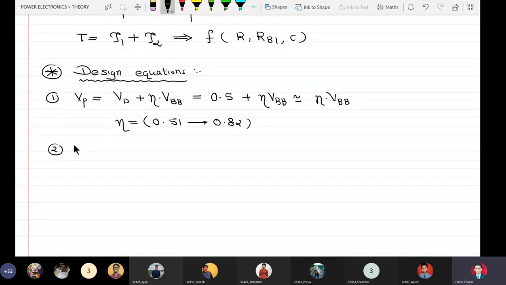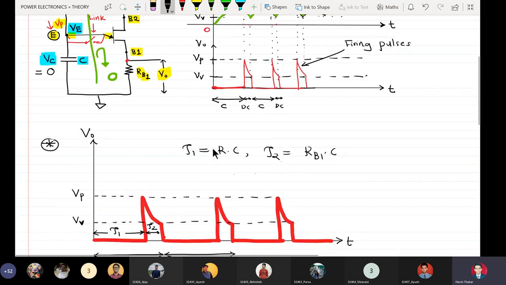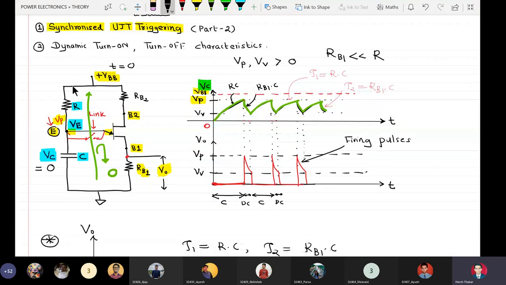The second design equation is the emitter voltage VE equal to VBB minus I into R, where this I is this current I.